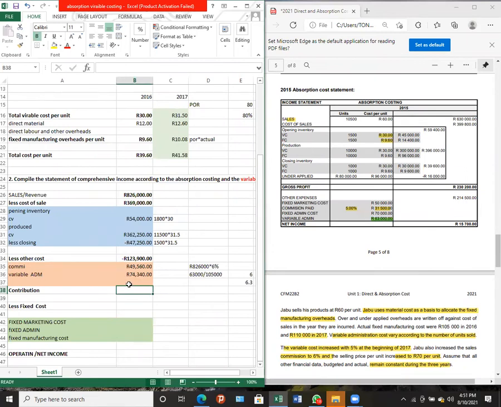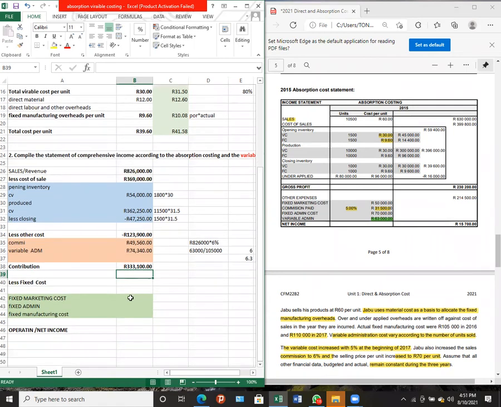The contribution is equal to sales minus variable cost, minus other variable cost. You get this. This is the contribution, 333,100. And then we are going to deduct fixed cost, guys. Are we together?